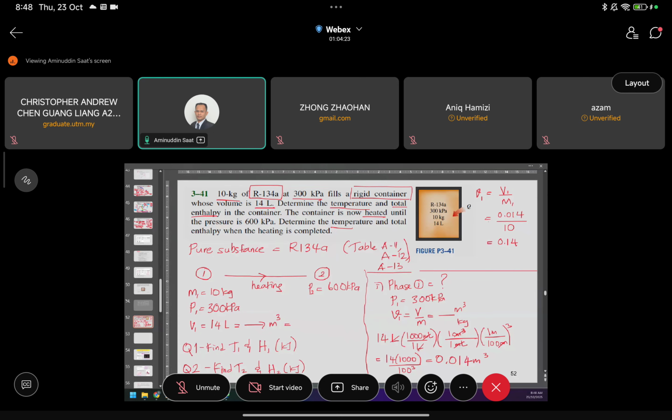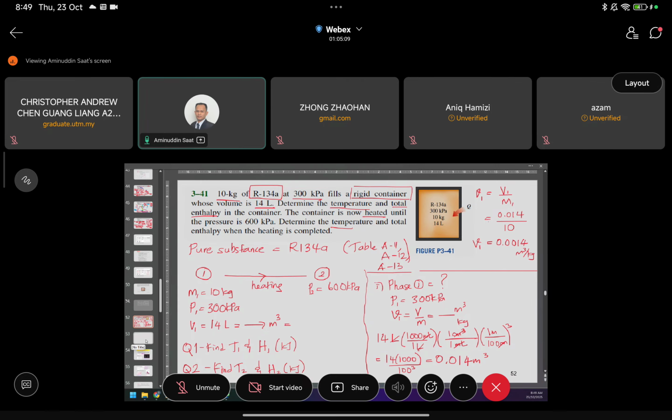Or 0.0014? So this is wrong. Yes, thank you, Adam. 0.0014 meter cube per kilogram. So this is your V1.